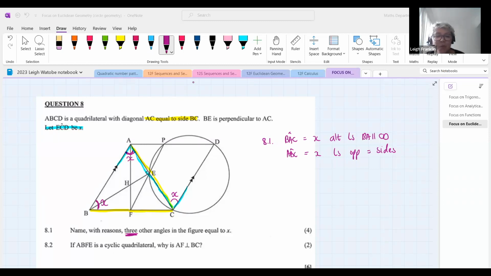Can you see, look at the next question. It says ABFE is a cyclic quad. If it's a cyclic quad, why is one line perpendicular to another? So we don't know that the quad is cyclic yet. Okay, we haven't been able to do that. So what other angles do we have in this situation that we could possibly use? Okay, we don't know that it's a cyclic quad.